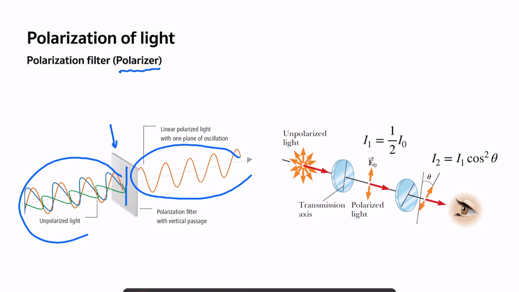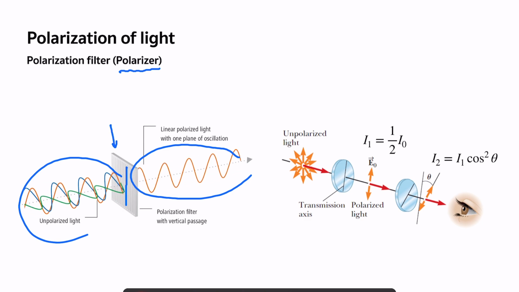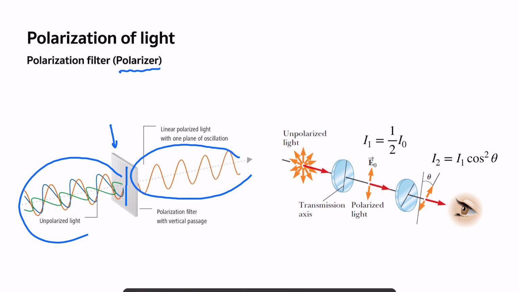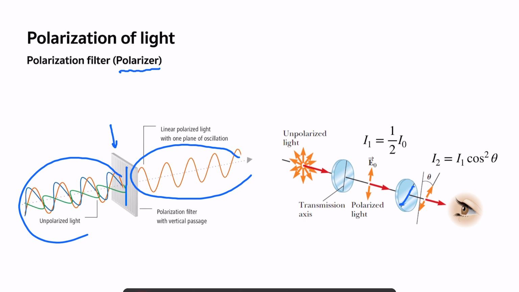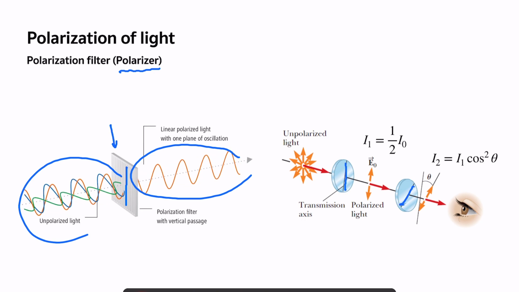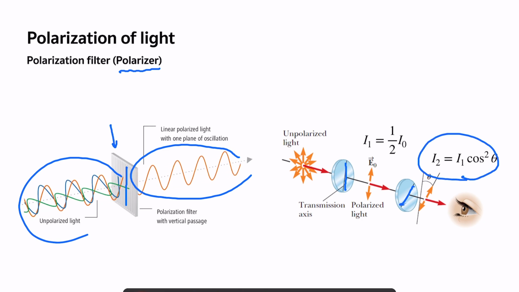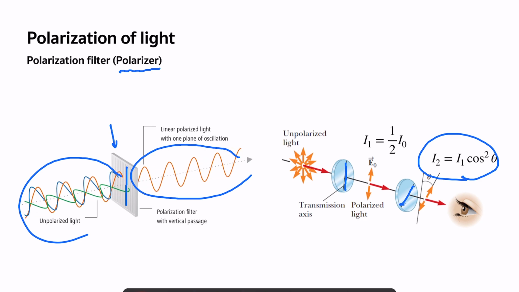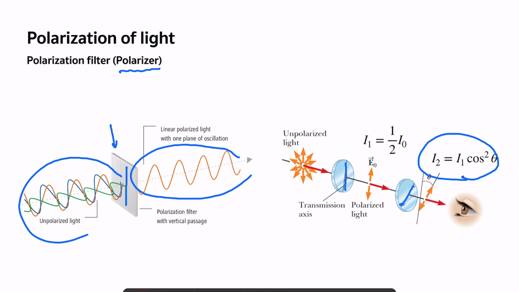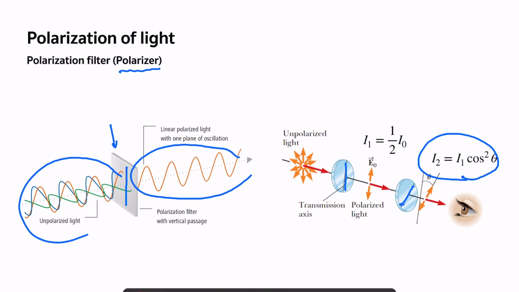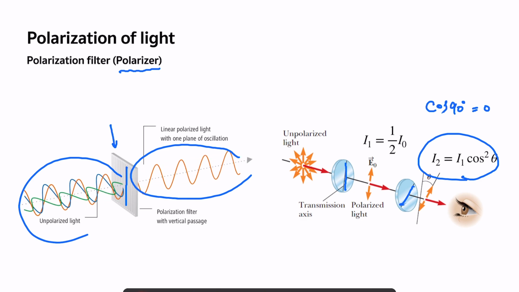When we observe the polarized light through another polarizer, we'll see the light with different intensity depending on the angle between the polarization plane and the transmission axis of the polarizer. According to this equation, you may notice that once this angle is 90 degrees, the intensity of polarized light will become zero, because cos 90 degrees is zero, right?